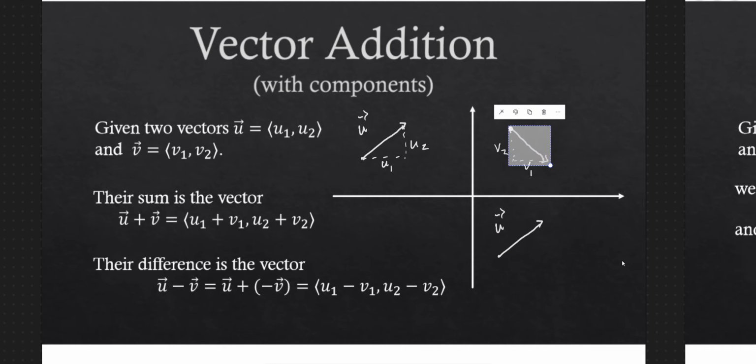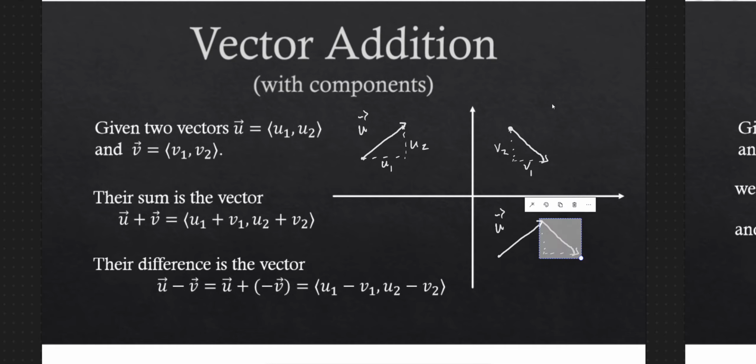And I'm going to take v, and I'm going to use the triangle rule here. So the vector u plus v would be this one.